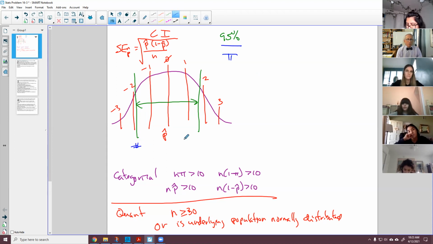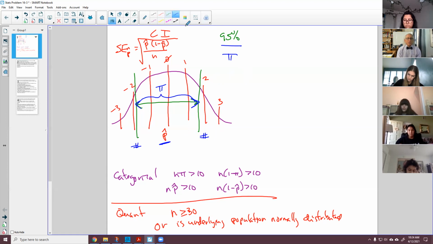I'm starting with a statistic of p hat, and I'm finding the numbers that give me a certain percentage confidence interval. I'm saying that the actual population parameter pi is between those two numbers. I'm 95% sure of that.